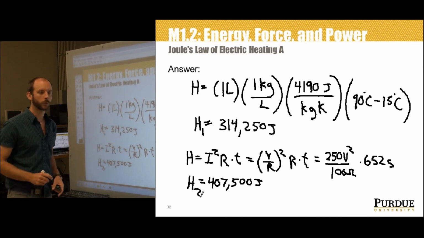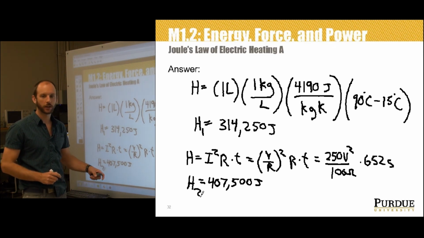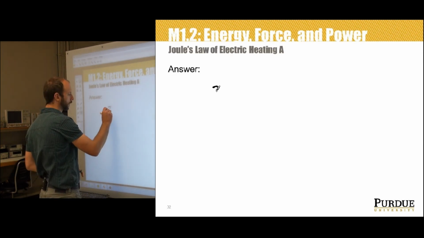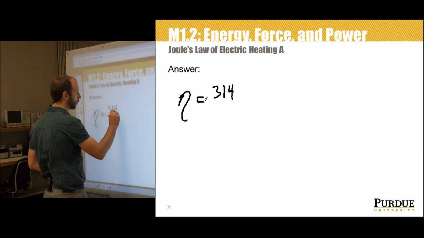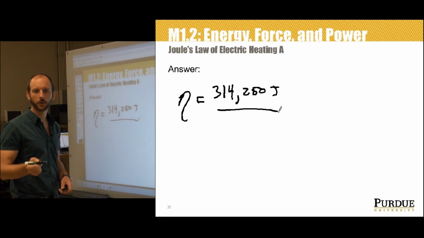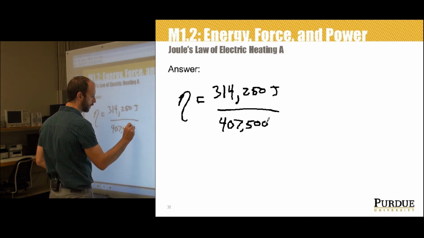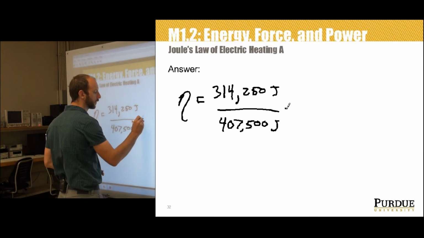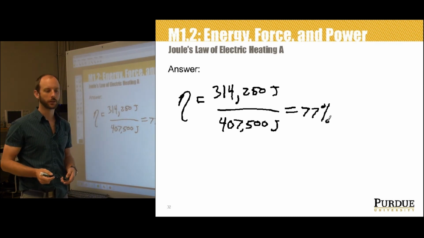If I divide 314,250 joules, which is the heat energy that went into the water, by 407,500, which is the heat energy that went into the resistive load, I get 77%. So this tea kettle is 77% efficient.